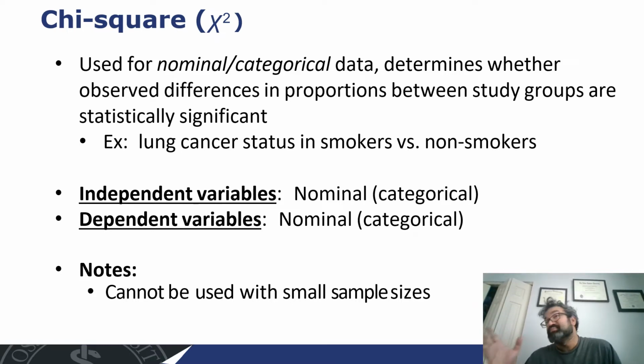So again, the example here would be, for instance, gender and race, and see if you would be able to use a chi-square.